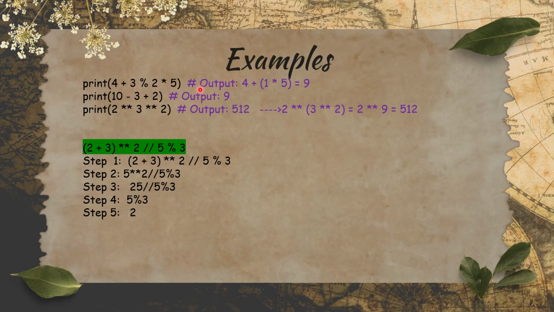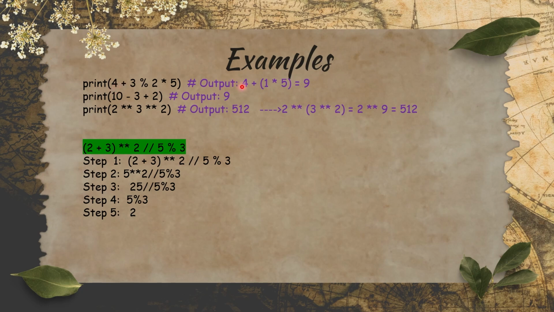From left to right, I can see 3 modulus 2 multiplied by 5. So I will evaluate from the left. 3 modulus 2, since modulus returns a remainder, is 1. The initial operand, 4 plus, can remain the same.